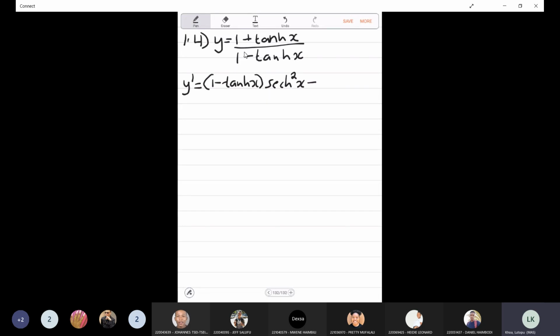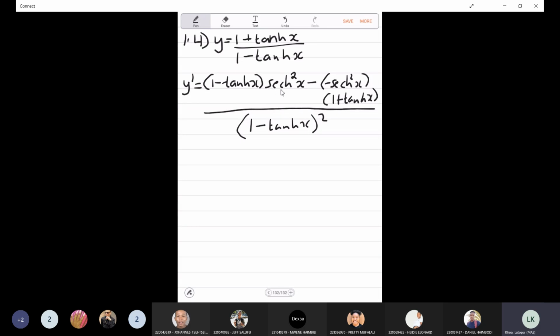And then we minus the derivative of the denominator, which is minus sech squared of x, multiplied by the numerator the way it is, and then divide by the denominator squared.